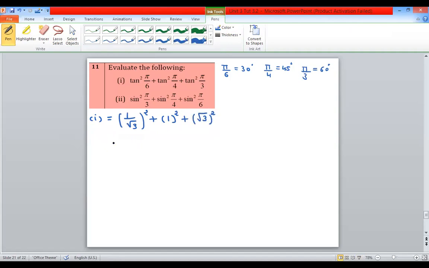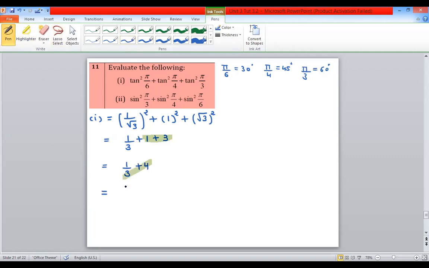First of all, students, apply the square. This is 1 by 3. This is 1 and this is 3. Take the addition of these two terms. 3 plus 1 is 4. Now you can take the cross multiplication of it.